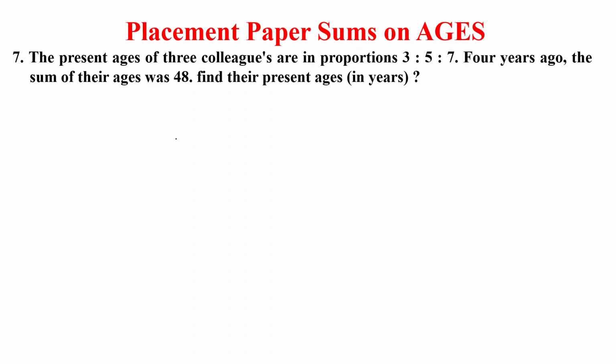The present ages of three colleagues are in the proportion 3 is to 5 is to 7. 4 years ago, the sum of their ages was 48. Find their present ages in years.